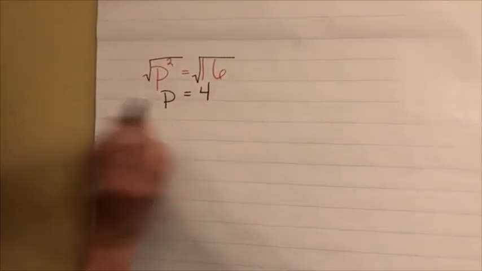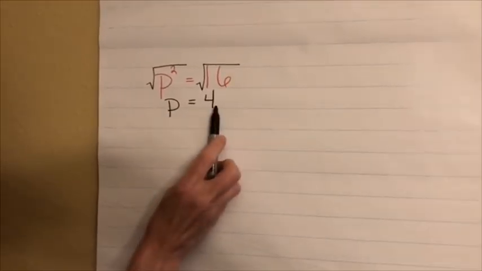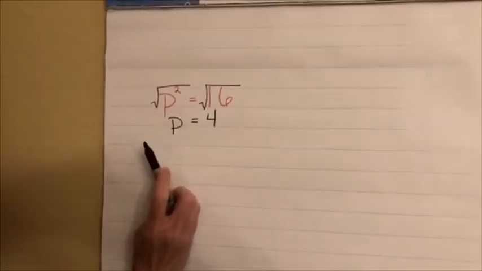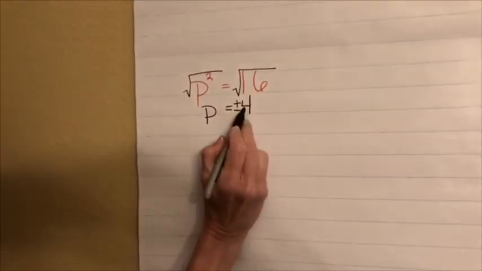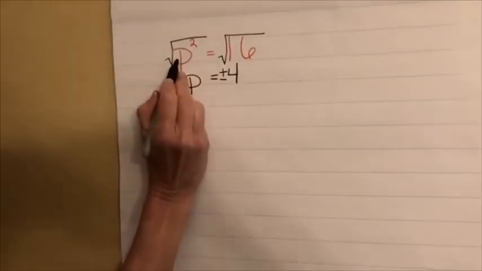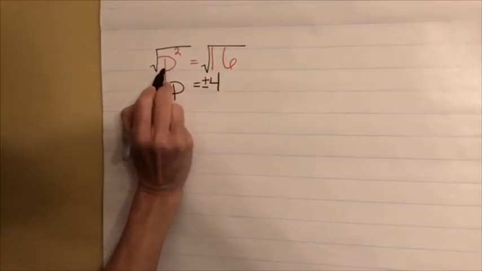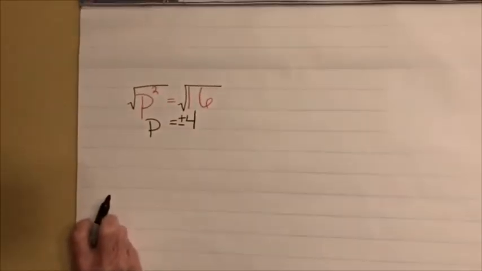But the small detail is when you are finding a solution and you have something like this where a variable is equal to something, it can be equal to positive or negative 4. Because if you put a positive 4 in here and you square it, you get 16. You put a negative 4 in for p and you square it, you also get 16.